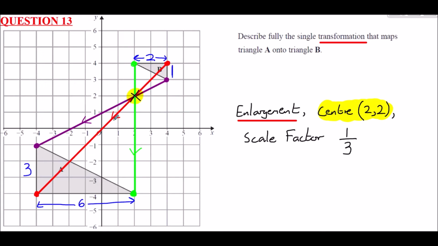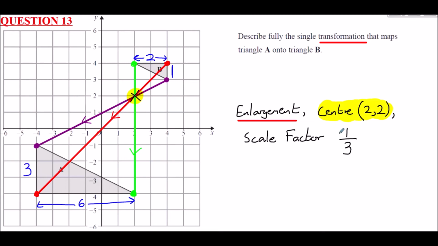A spot for this is, it looks like it's been almost rotated. So if it's an enlargement which looks a bit like a rotation, that's a clue that it's actually a negative scale factor. It's popped out on the opposite side to the centre of enlargement.